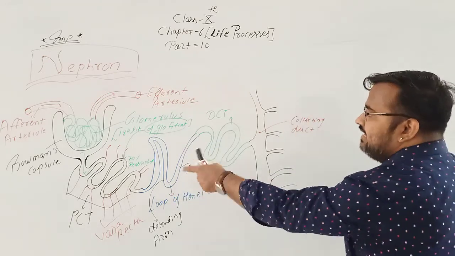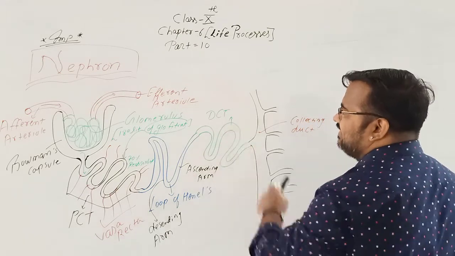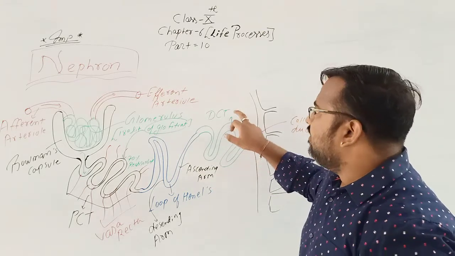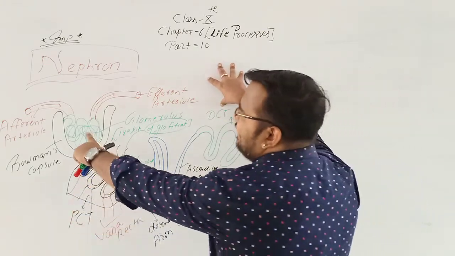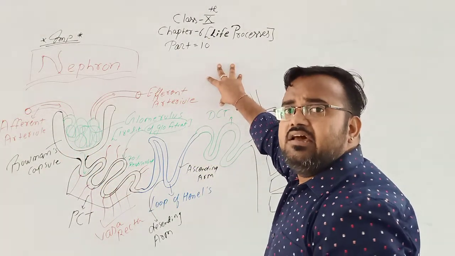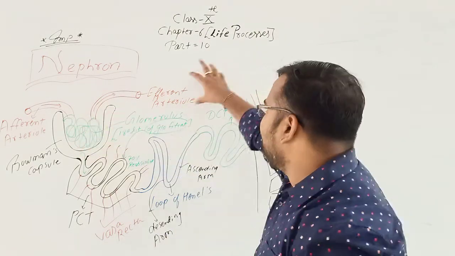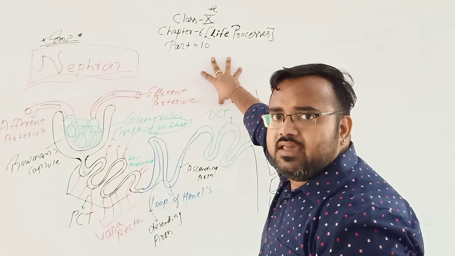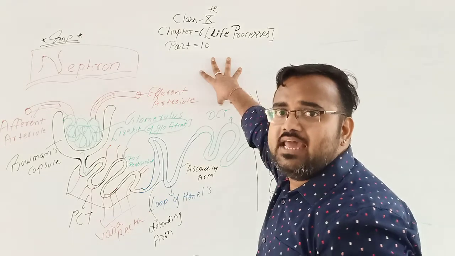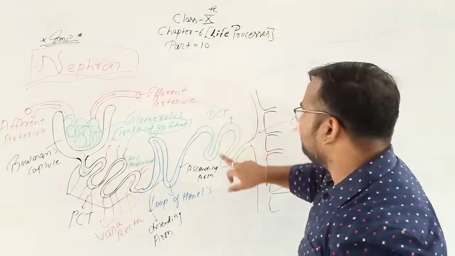Now finally, the filtrate, that means the urine, is transported into the DCT. In the DCT, the substances which are not filtered earlier, for example some drugs. The medicine which we eat, its active ingredient is used by our body, and the rest, which is waste, is transported into the DCT.